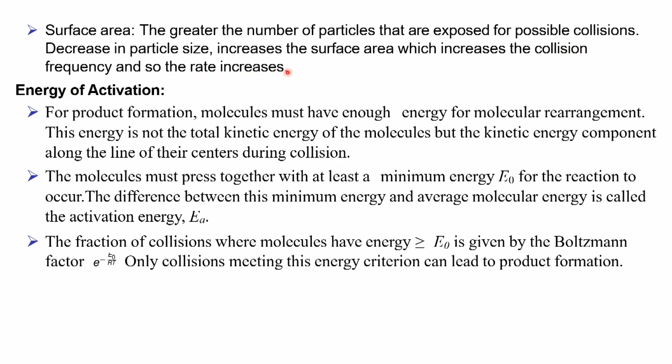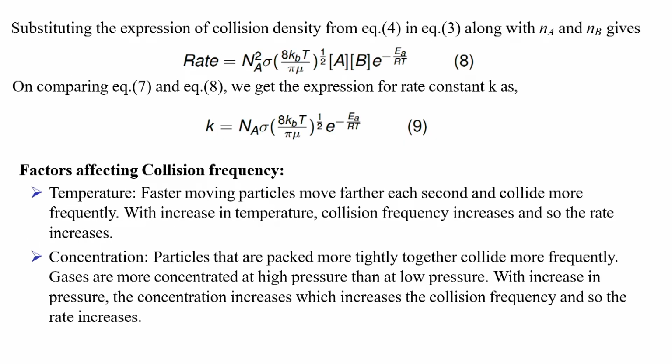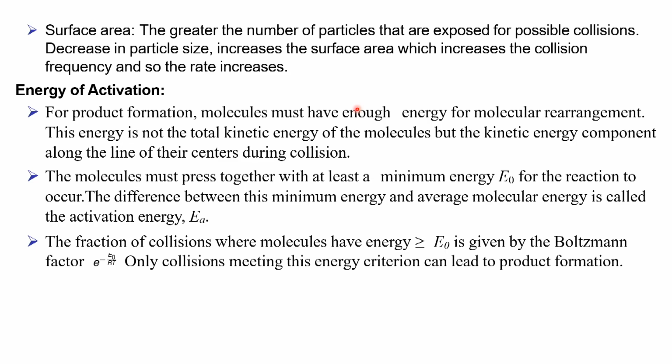So energy of activation. Here we considered Ea, but we have not discussed anything about Ea. What is Ea? Ea is nothing but the energy of activation. For product formation, molecules must have enough energy for molecular rearrangement. This energy is not the total kinetic energy of the molecules, but the kinetic energy component along the line of their centers during collision.